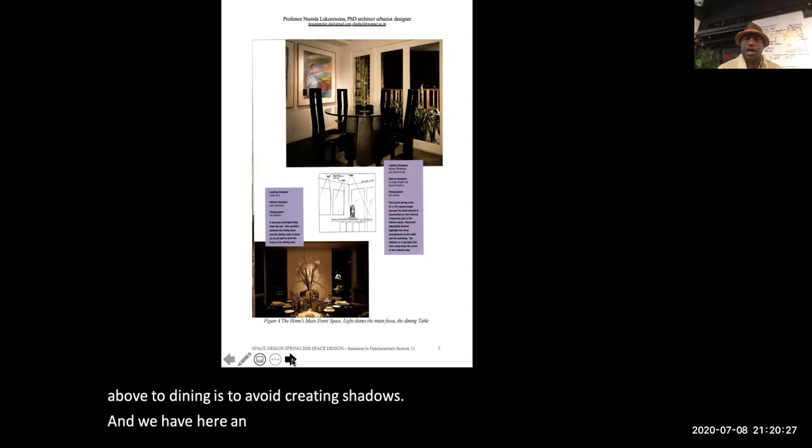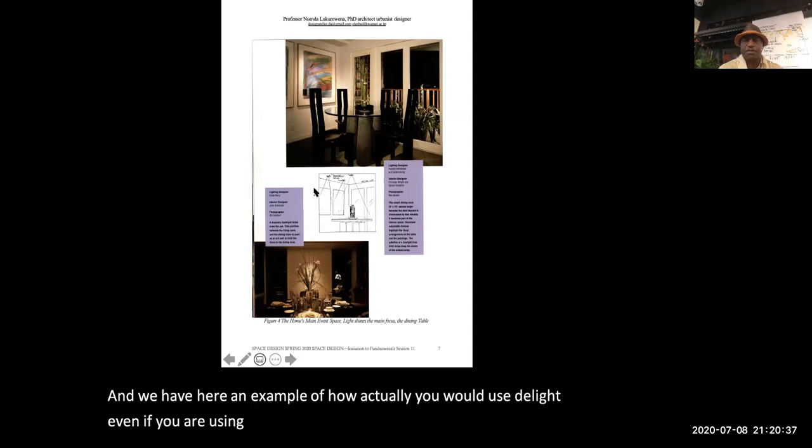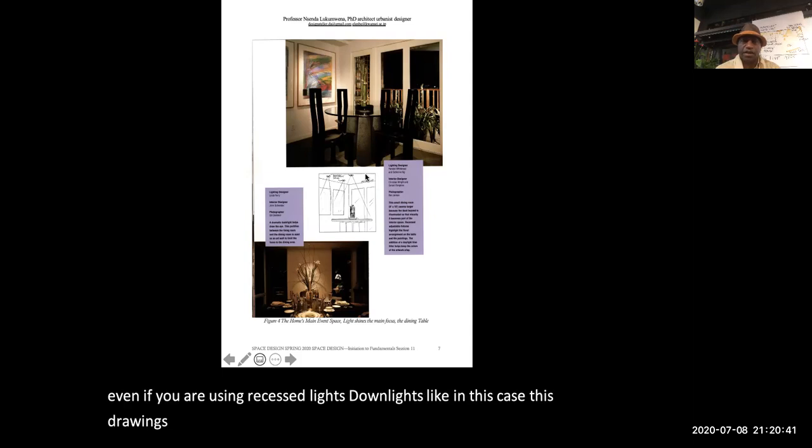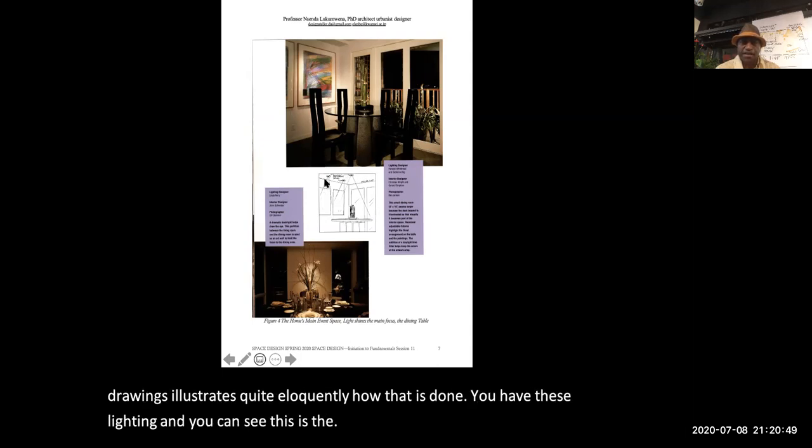Of how you would actually use the light, even if you are using recessed lights or downlights, like in this case. This drawing illustrates quite eloquently how that is done. You have these lights, and you can see this is the cone of light.